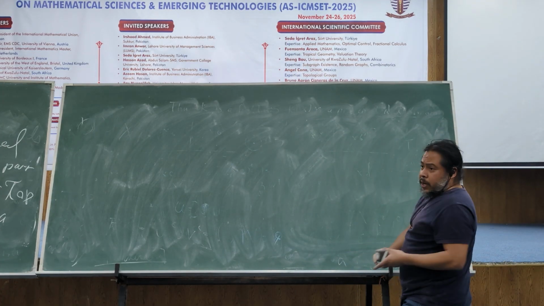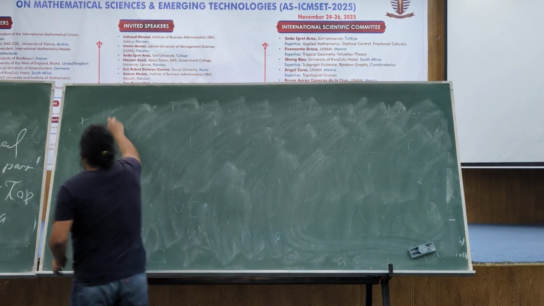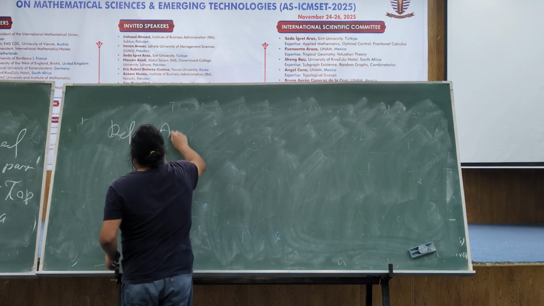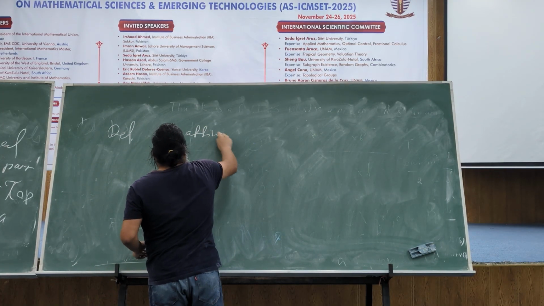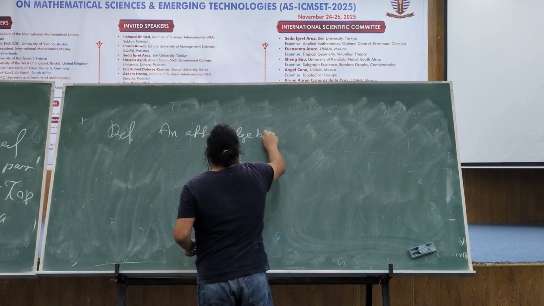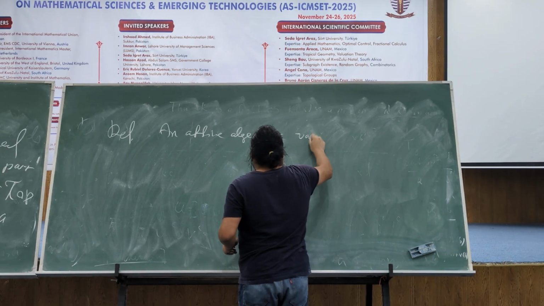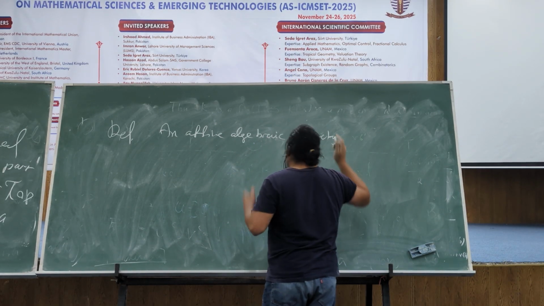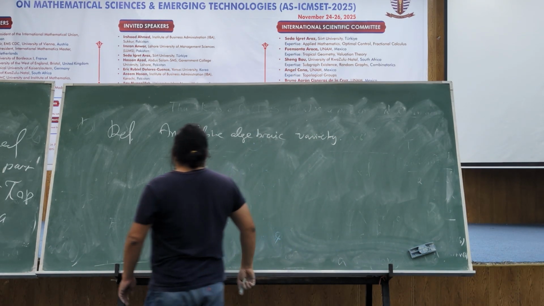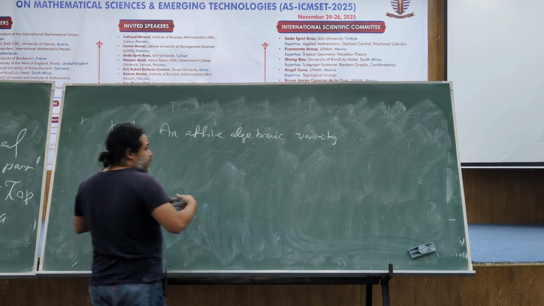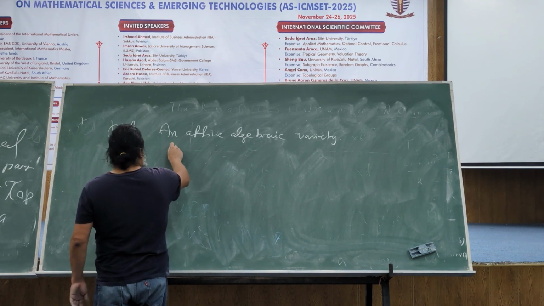Okay, so what is an algebraic variety? Definition: affine algebraic variety. Let me be not so technical, and let me define it just as a closed algebraic subset.